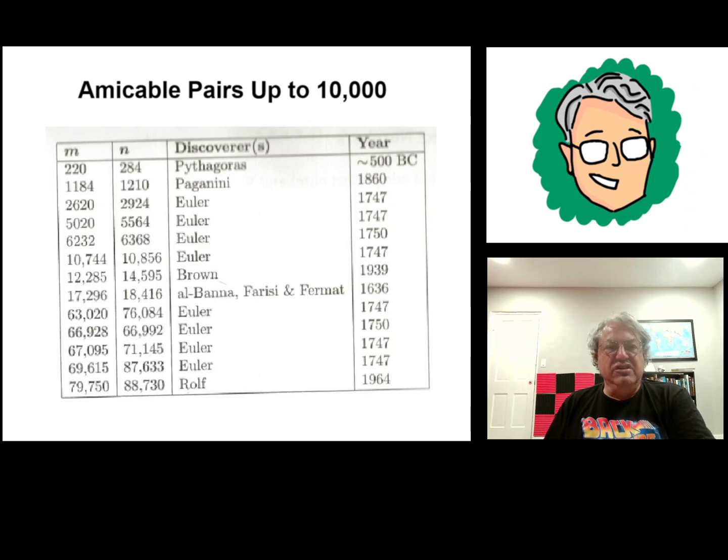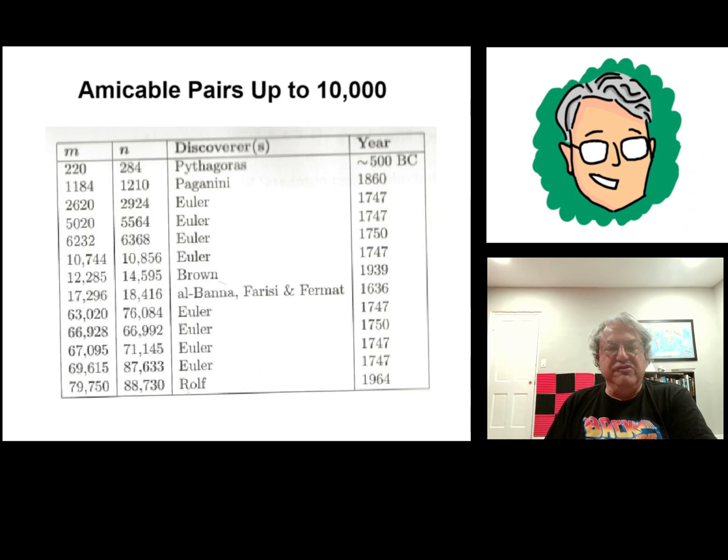And I think it's believed that there's infinitely many amicable pairs, although nobody's proven this. Just like nobody's proven that there's infinitely many perfect numbers, although I think most mathematicians believe there are, even though those are much rarer than amicable pairs.